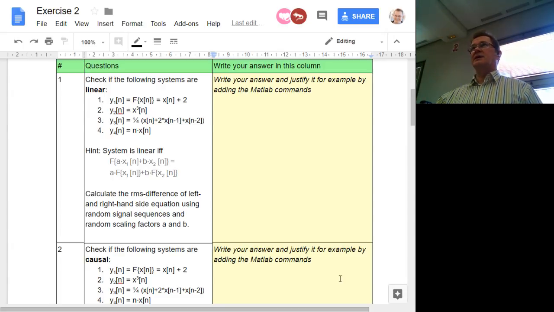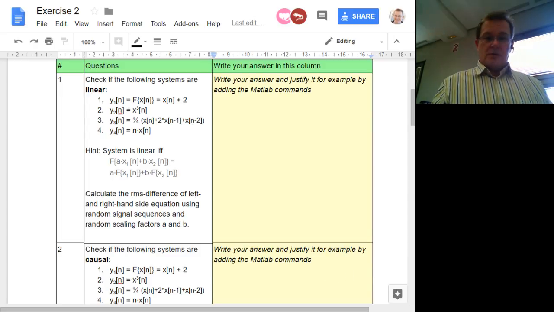The 4th one is a little bit tricky, since this is a single input system. So you have just x[n] coming in, and then you multiply it with n. Where do you get the n? Well, you get it inside of this function. It cannot come from outside. It must be inside.